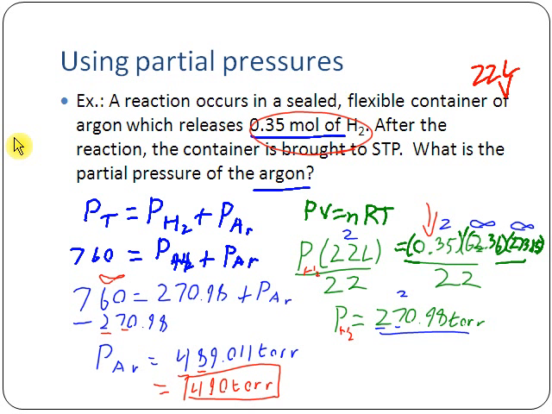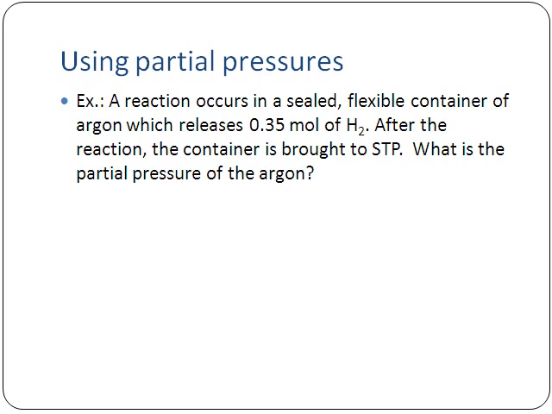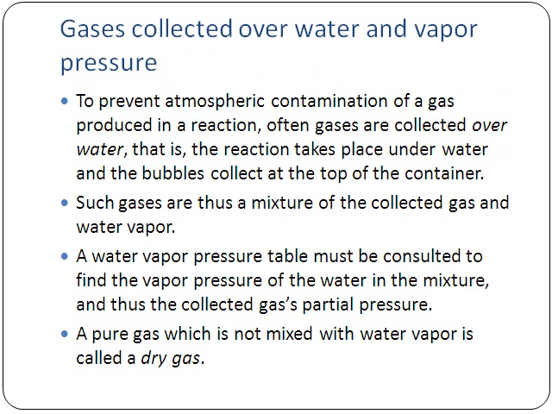So let's go onward then. The place where this partial pressure issue is going to be most used is whenever we're actually collecting gases, as we would in a lab. One of the problems is that if you do an experiment, you react two things together, and it produces a gas, in most cases there tends to be air around.